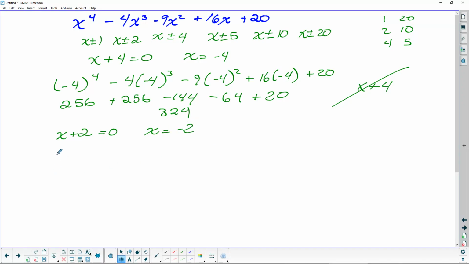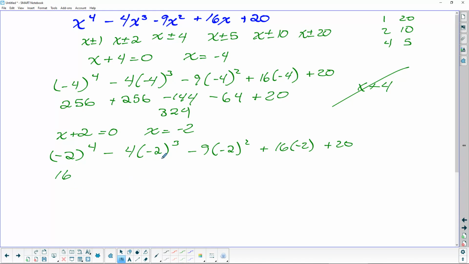Okay, we got negative 2 to the 4th minus 4 times negative 2 cubed minus 9 times negative 2 squared plus 16 times negative 2 plus 20. Okay, so negative 2 times negative 2 times negative 2 times negative 2 is 16.